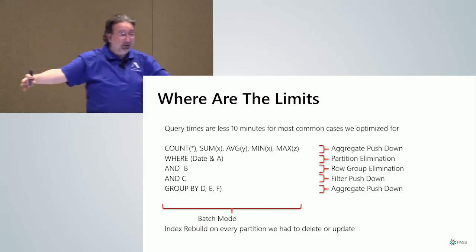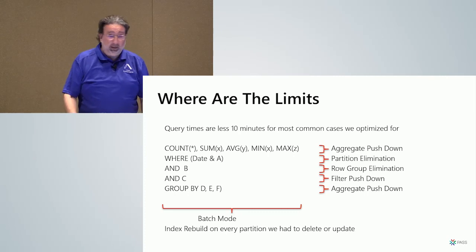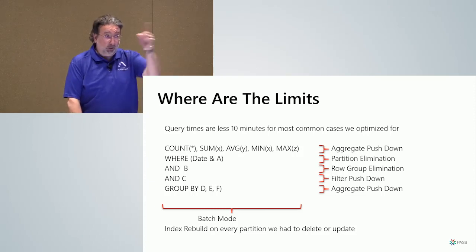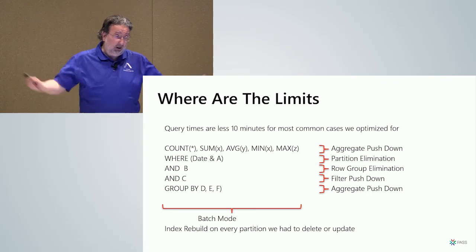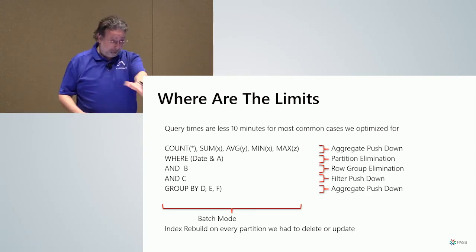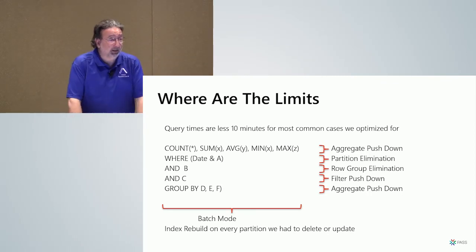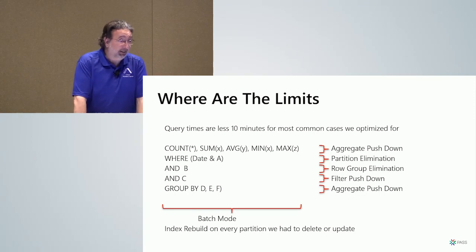If you need to group by date and you have 10 years of data, this is where Columnstore really becomes powerful. If you need that one row, you're reading it all and finding the one row. You might have all the optimizations that we can put in, but any regular table is going to be much more efficient at that.